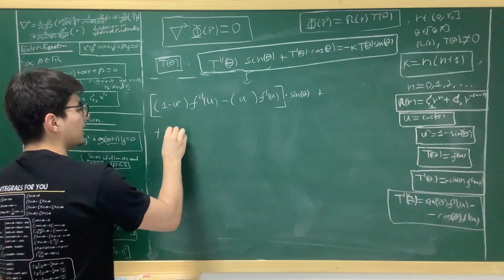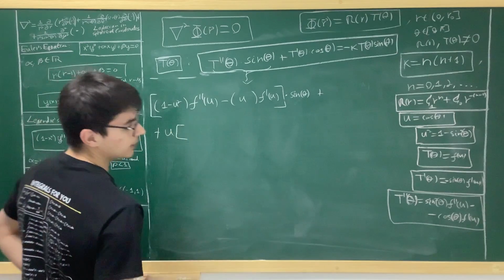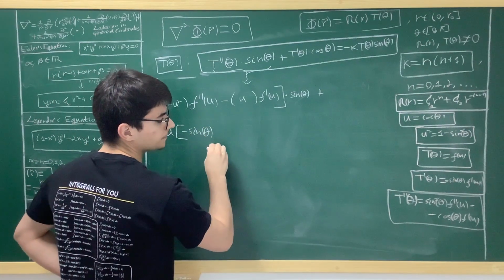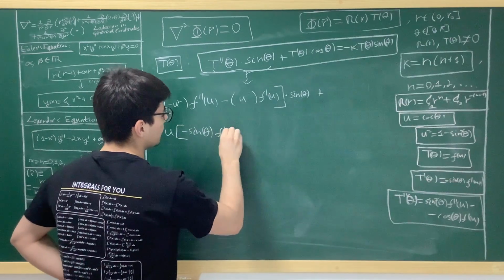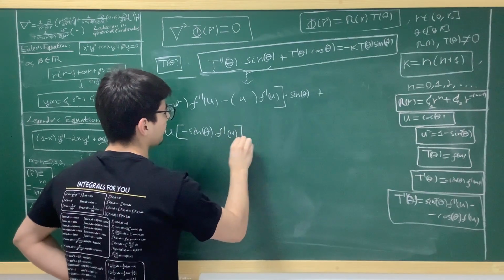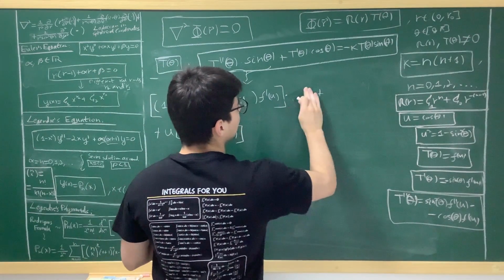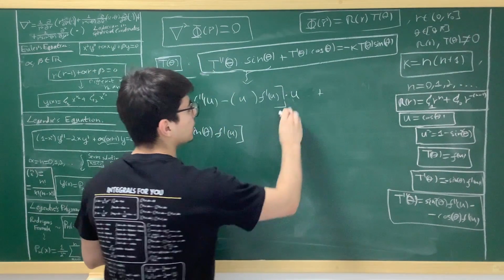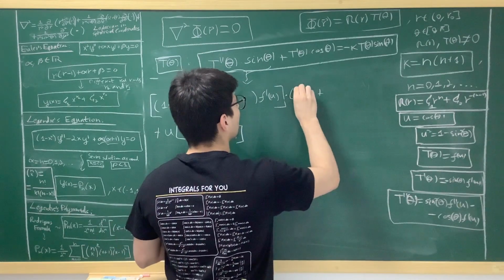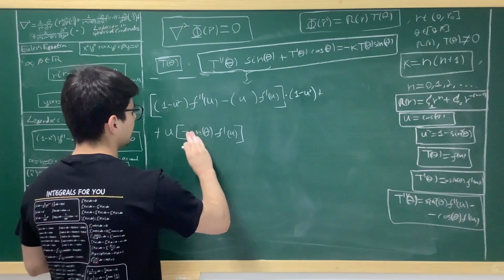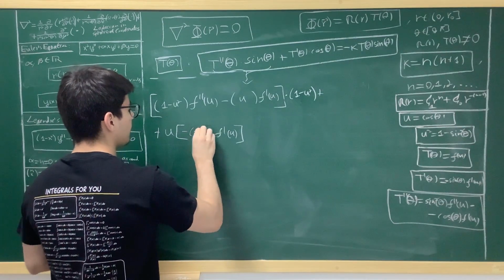Maybe I made some mistakes here, I'm not too sure now. So the cosine, again, is just u times t prime, or t prime is just minus sine of theta f prime of u. Oh, yeah, sorry. Well, let's just change it. This sine is just 1 minus u squared. And this sine here is just 1 minus u squared.